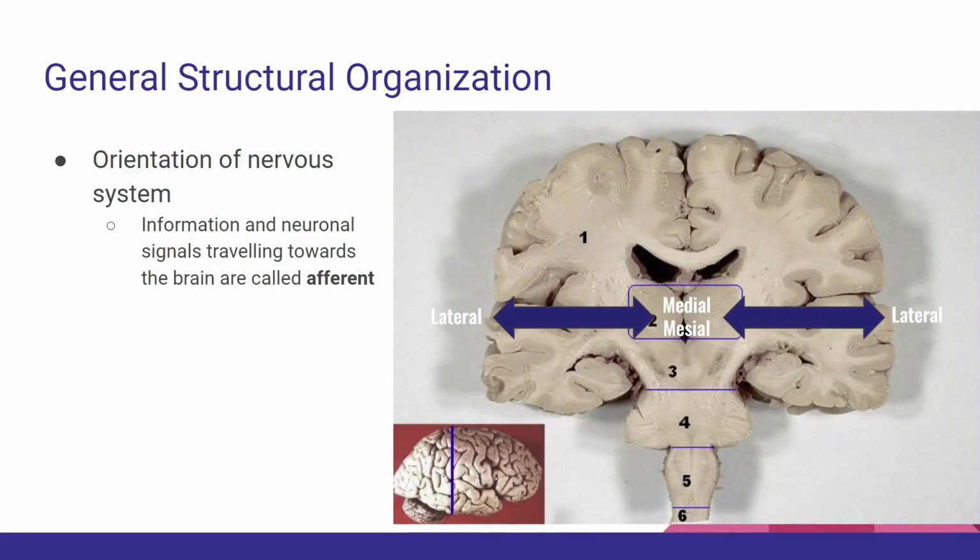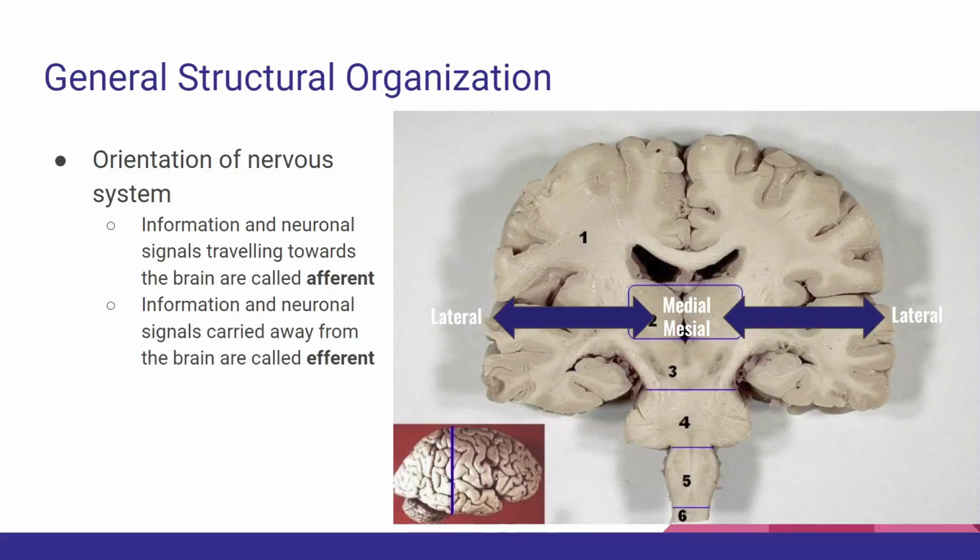Additionally, when it comes to information, we can talk about the direction that the information is traveling. So if information is traveling toward the brain, that information is called afferent. And if information is being carried away from the brain, that information is called efferent. So sensory information tends to travel up towards the brain in an afferent manner, and motor movement information tends to travel away from the brain in an efferent manner.